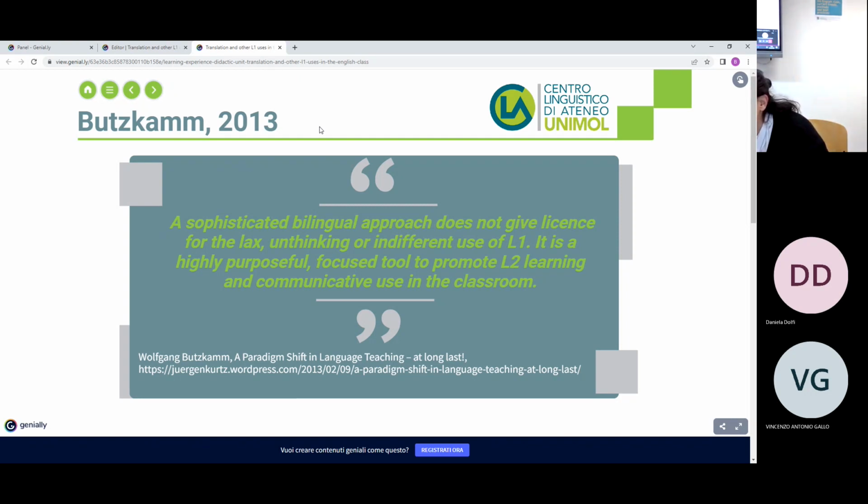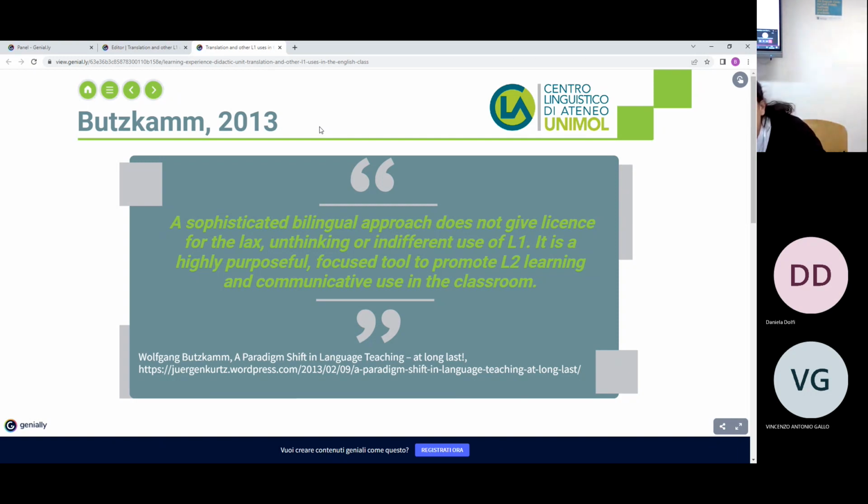E io mi sono sentita di presentare questa cosa proprio perché credo che non è l'uso o meno della lingua il problema, è il come, il quando. È quello che Vatskham chiama un sophisticated bilingual approach, which is not lax. Non è l'uso indiscriminato della L1 nel momento in cui c'è un piccolo problema.